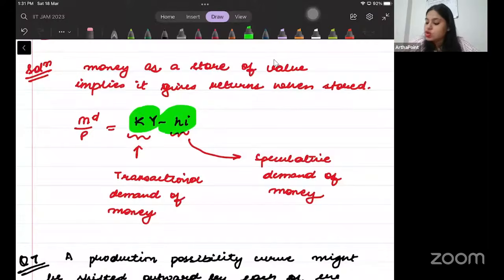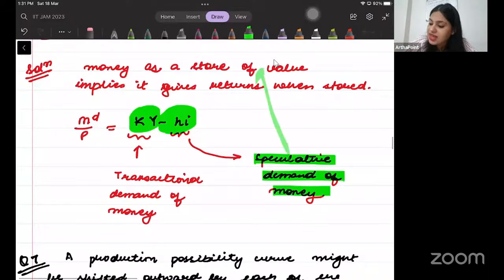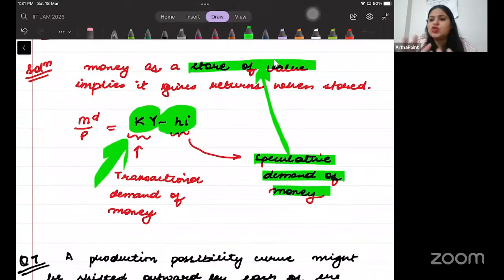So this speculative demand of money indirectly says that money is a store of value. That when you go ahead and save money in some form, when you use it for the purpose of speculation, it also fetches you return in the future. Transactional demand will not fetch you any return.